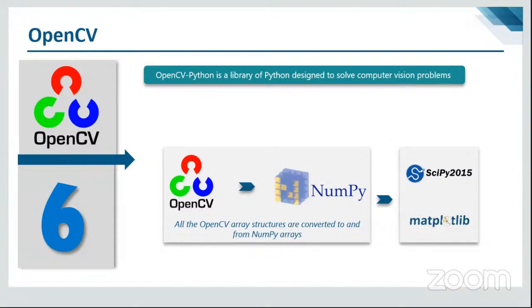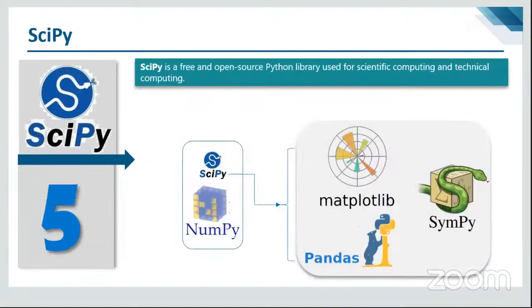Then comes your SciPy. It is again a scientific computing and technical computing library. Especially to do large scale computing, nothing to do with machine learning, nothing to do with your image processing, but more to do with your computation, you try to use SciPy.